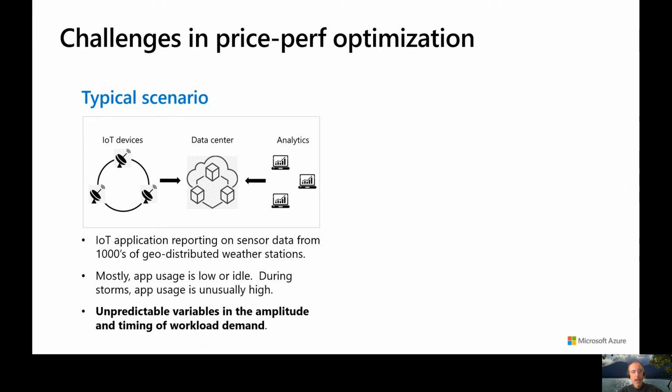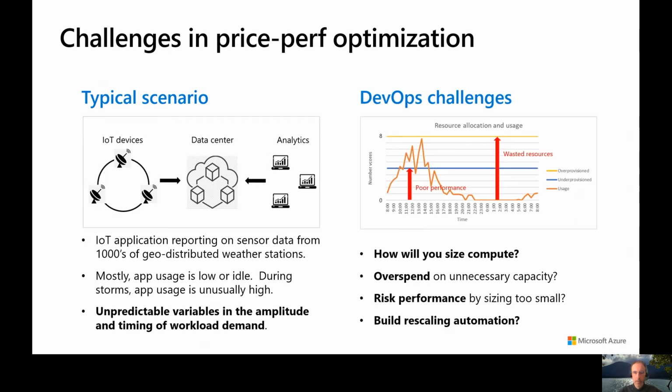But the key point to emphasize here is that the workload demand is unpredictable, both in terms of its amplitude and timing. Now that presents DevOps challenges in terms of how to size the compute for the database in order to achieve your price and performance goals.